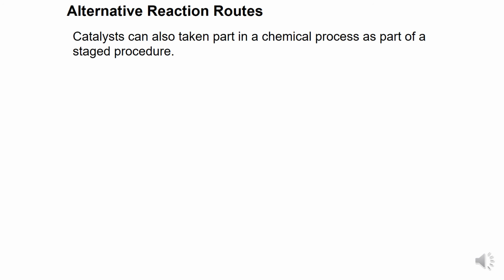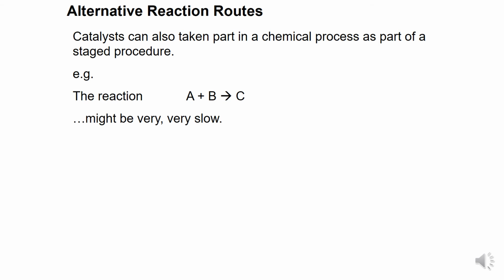Now to look at the alternative reaction routes in a little bit more detail, we can also take catalysts as part of a staged procedure rather than a catalyst being a surface that we stick our gases to. Catalysts can also just be a chemical that gets used and then produced at the end. So if we were to look at this reaction, A plus B forming C, that might be very, very slow.